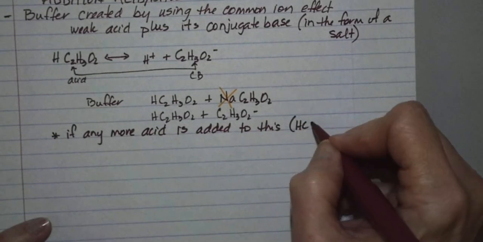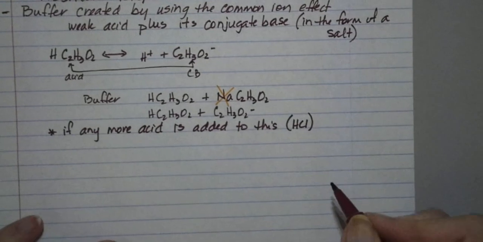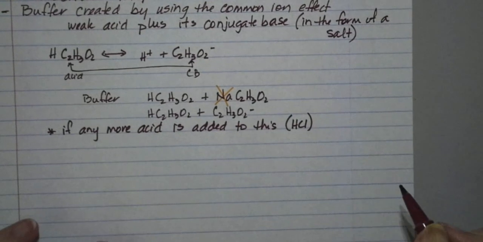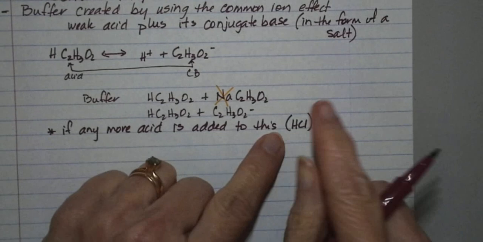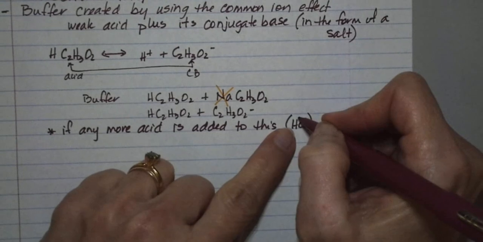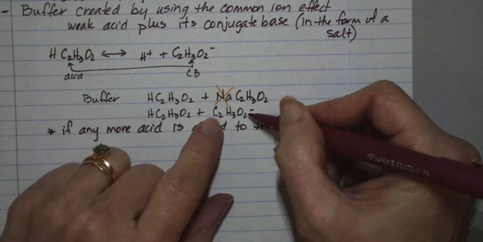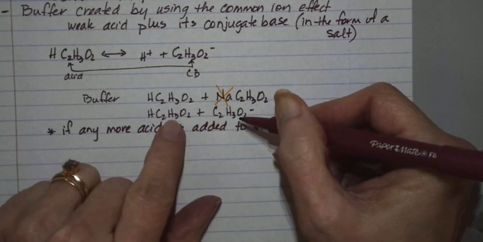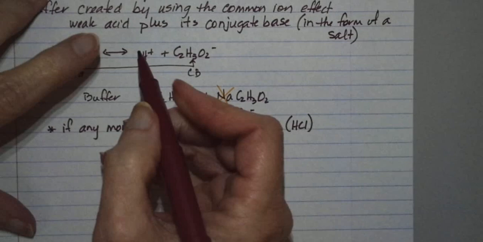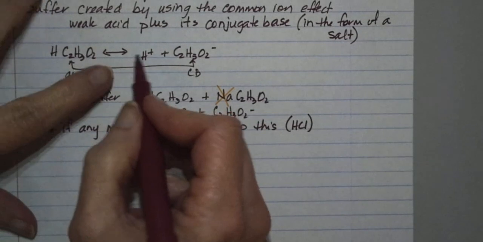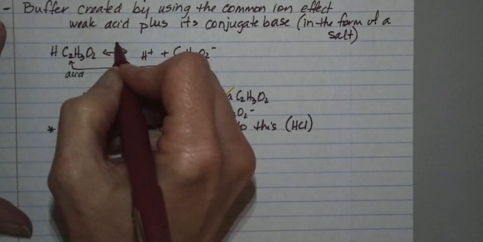Every time that H is freed up in that hydrochloric acid, this guy is going to suck it up and form this stuff, yes? Because in this reaction, it's heavily shifted to the left. It has a really low Ka. It doesn't separate into ions very well at all.